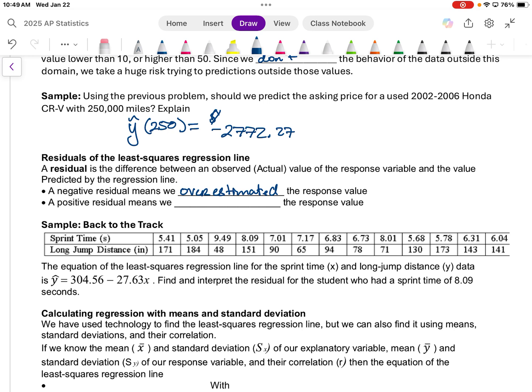So when you have a negative residual, the actual value was below the LSRL, below that line of best fit, and that ends up being an overestimate. If it's a positive residual, that means we underestimated the response value.